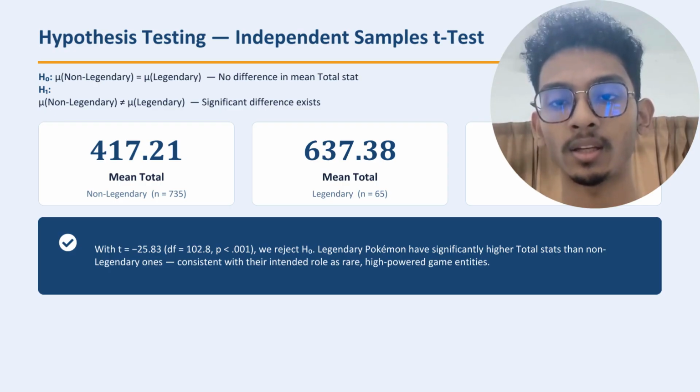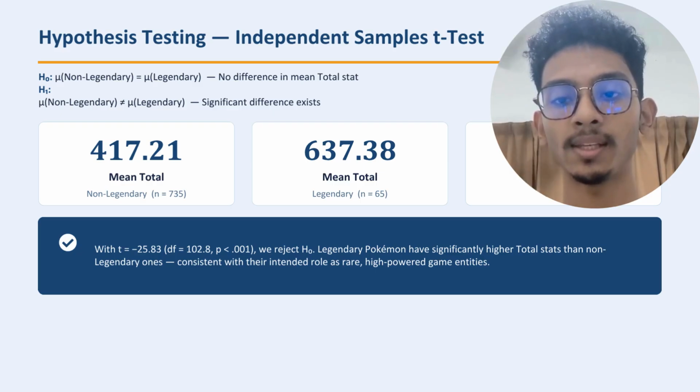We ran an independent sample t-test using R. The mean total for the 735 non-legendary Pokemon was 417.21, while the 65 legendary Pokemon averaged 637.38, a difference of over 220 points.